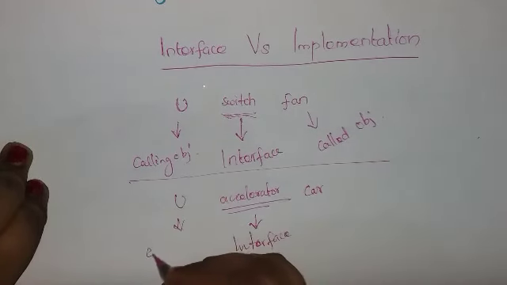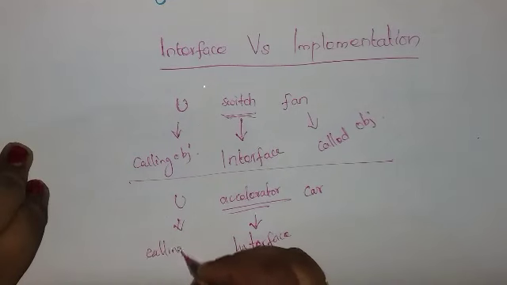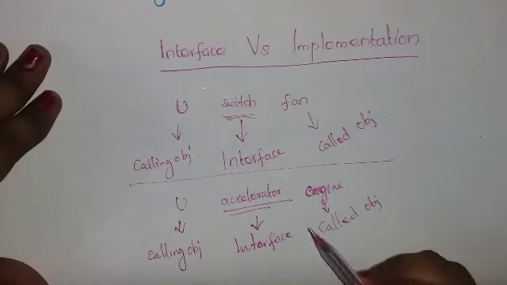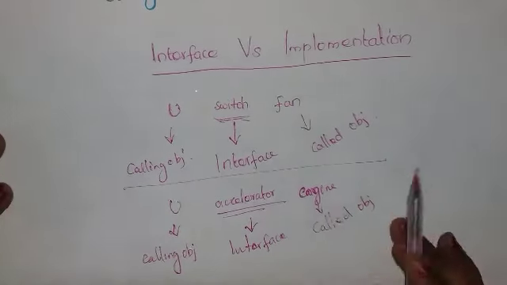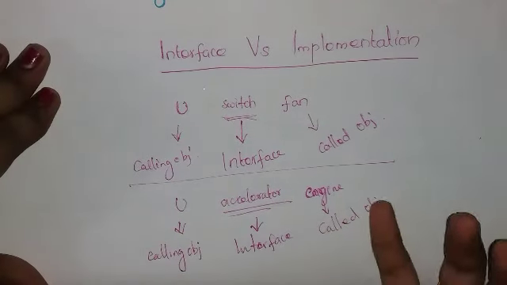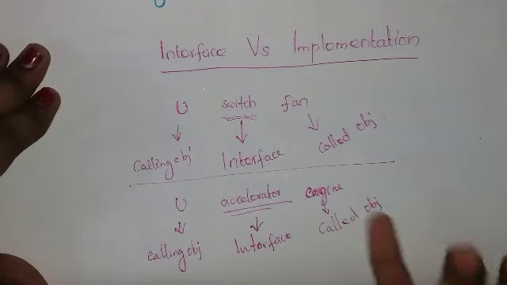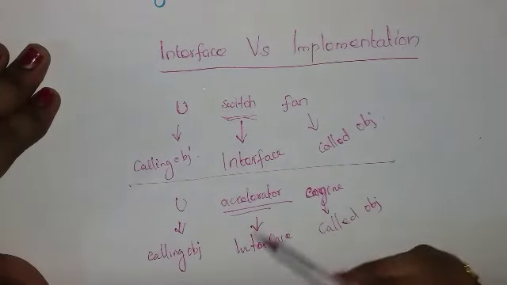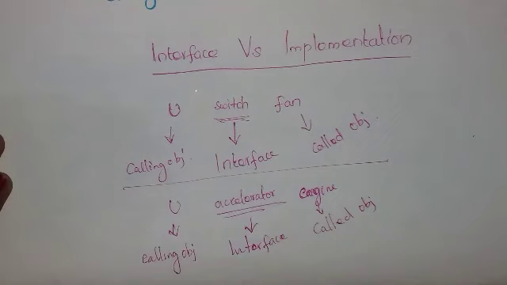Here you, the driver, are the calling object and the car is the called object. But implementation is how the interface works, the operations and instructions performed by the engine behind the switch, behind the accelerator. This is called the implementation.